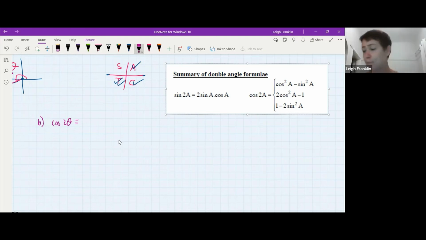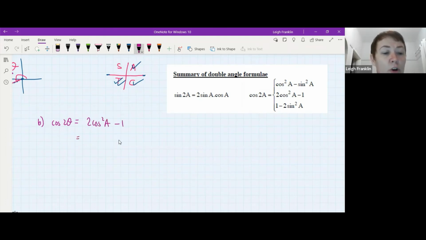So pick whatever you like. Should we go with 2 cos squared a minus 1? So we interpret this as 2 times cos theta.